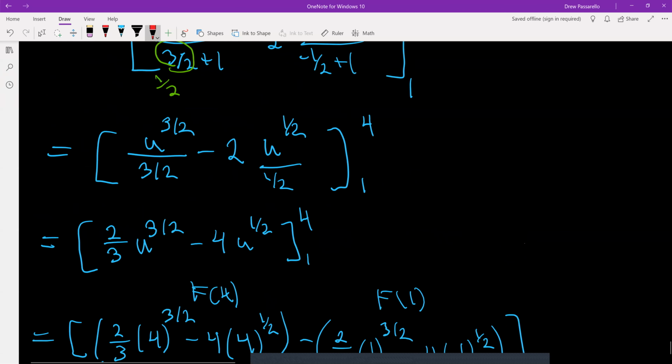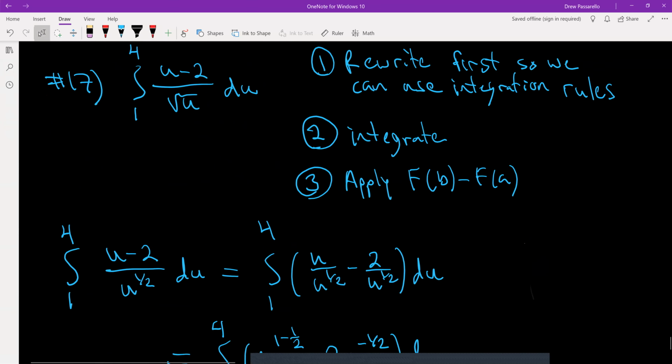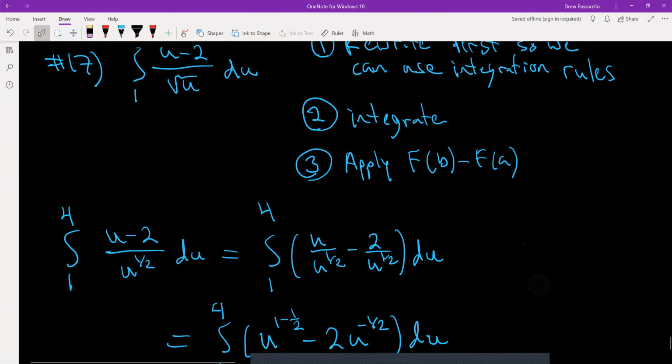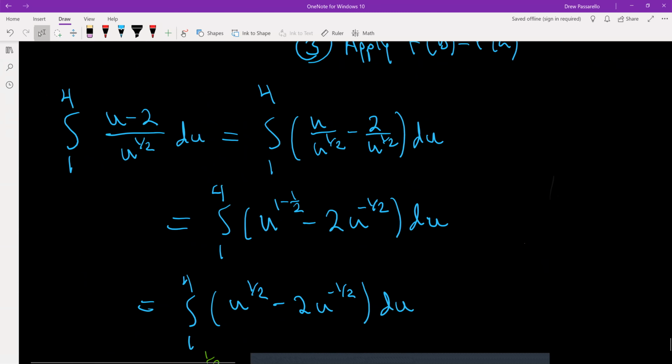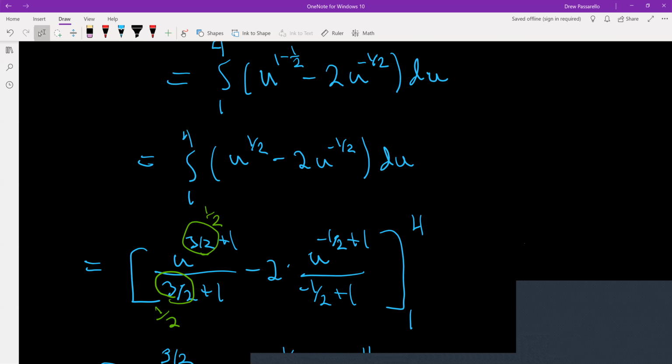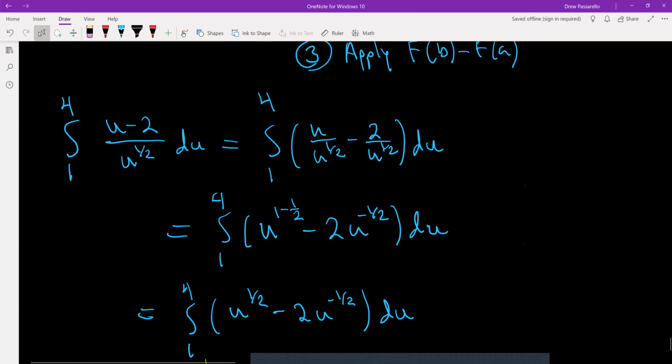All right, so yeah, sorry about that. That's where I messed up. But the point was that I needed to rewrite u minus 2 over square root of u into a format in which I can use my integration rules. And that just involved writing it as two fractions, just using fraction rules.